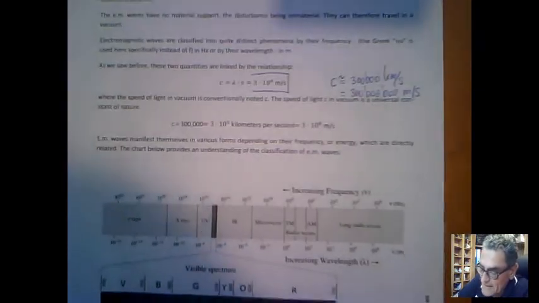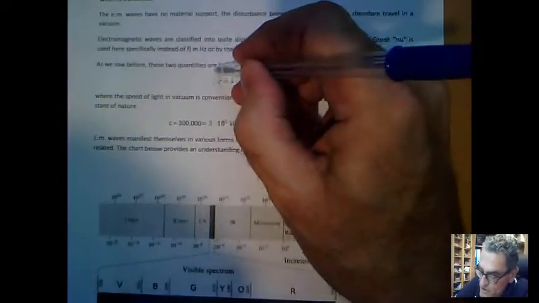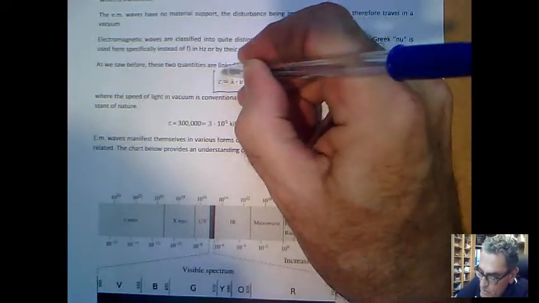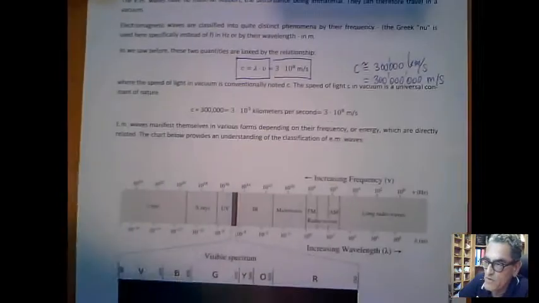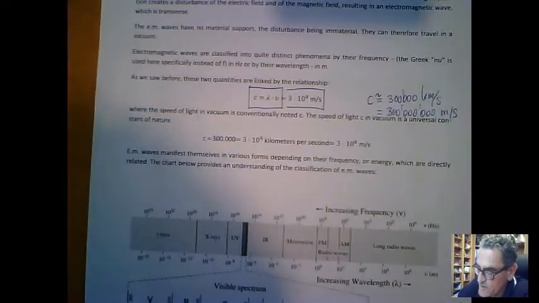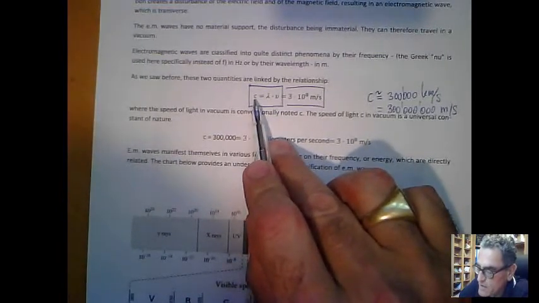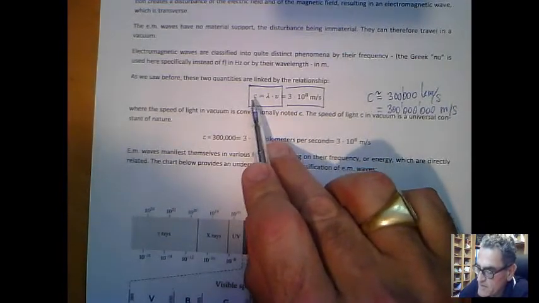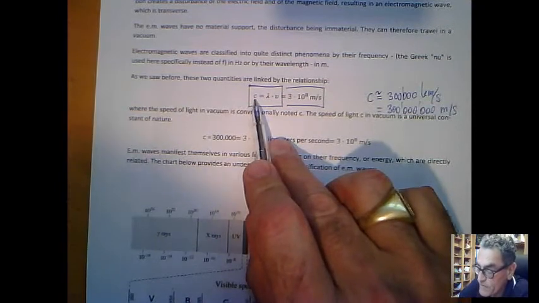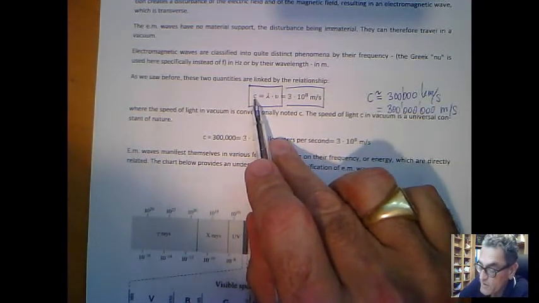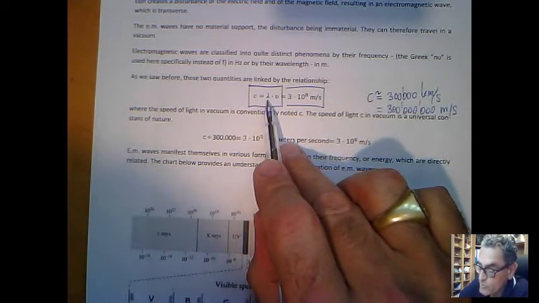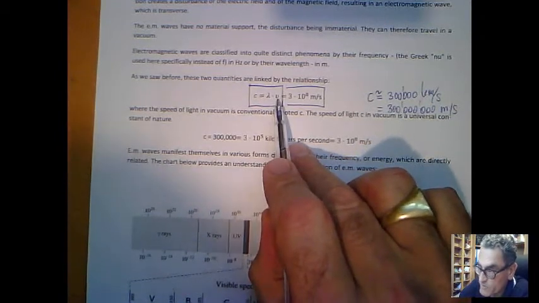Then there is a relationship which I would like to recall to you, which we saw in the beginning of the course. It states that the velocity of the wave, in this case the velocity of the light, is equal to the wavelength times the frequency.